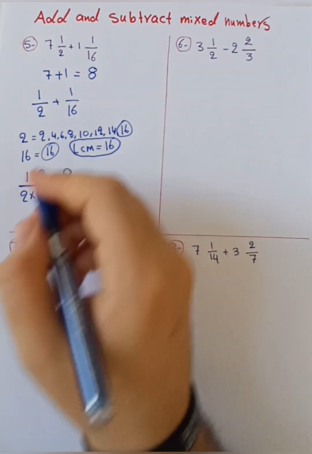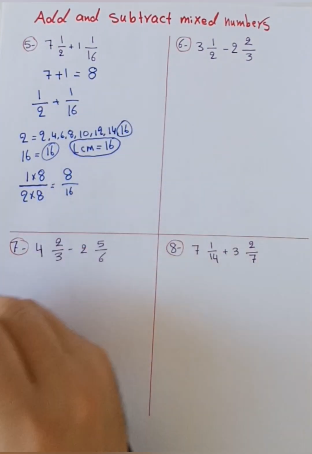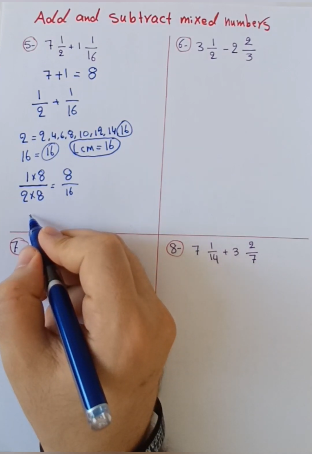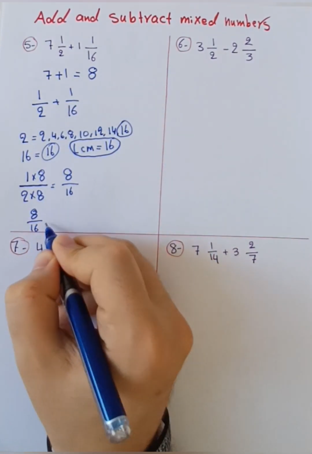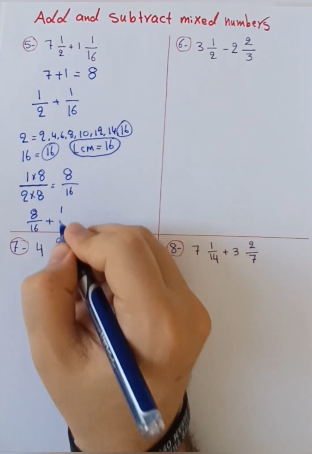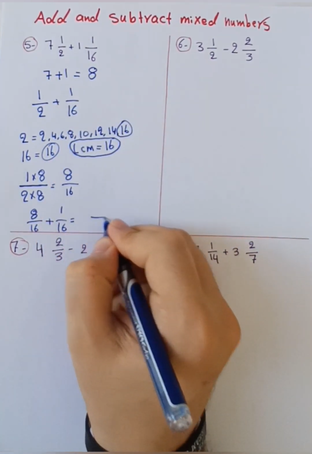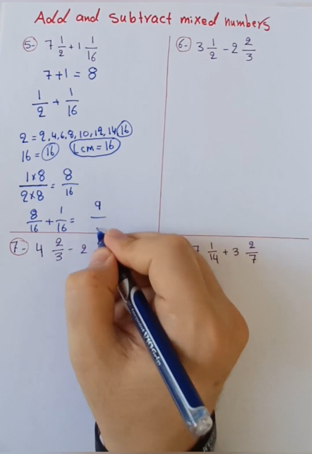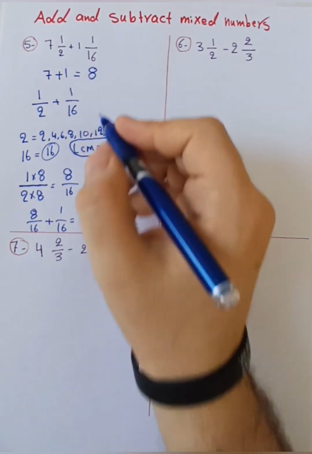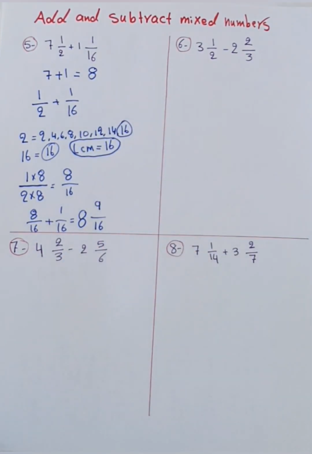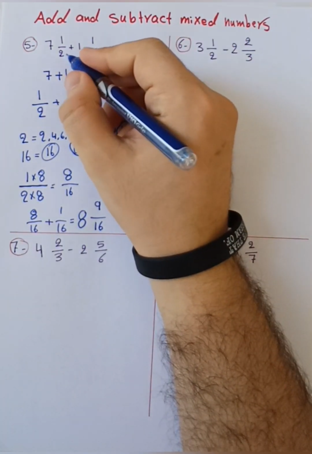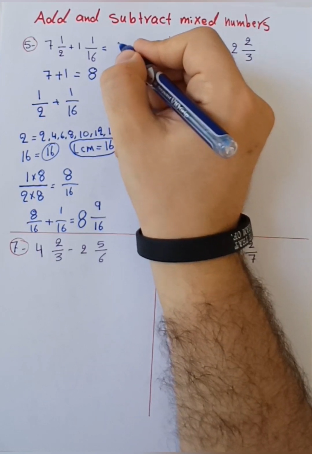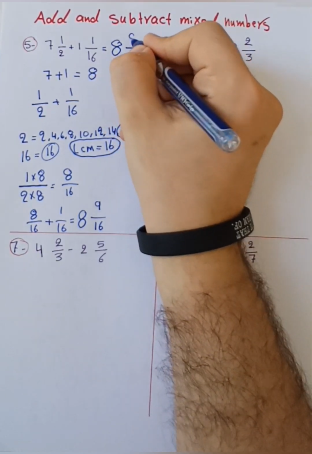Now we have to add these two fractions. 1 out of 2 is 8 out of 16, plus 1 out of 16. 8 plus 1 equals 9 out of 16, and the whole number is 8. We have to write 8 in front of the fraction. So the sum of these two mixed numbers is 8 and 9 out of 16.